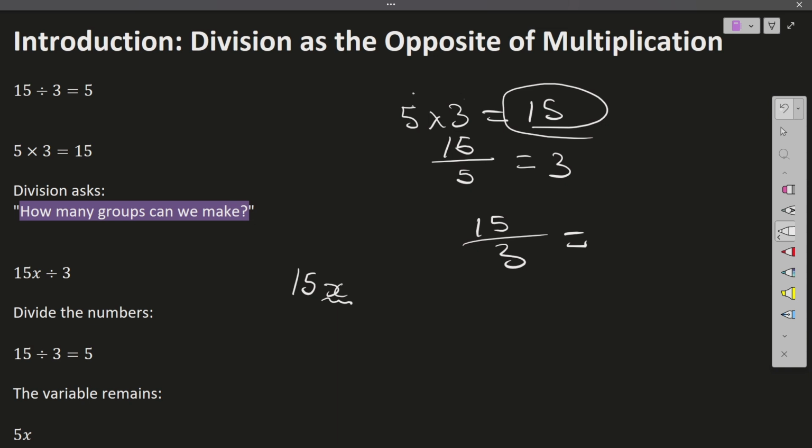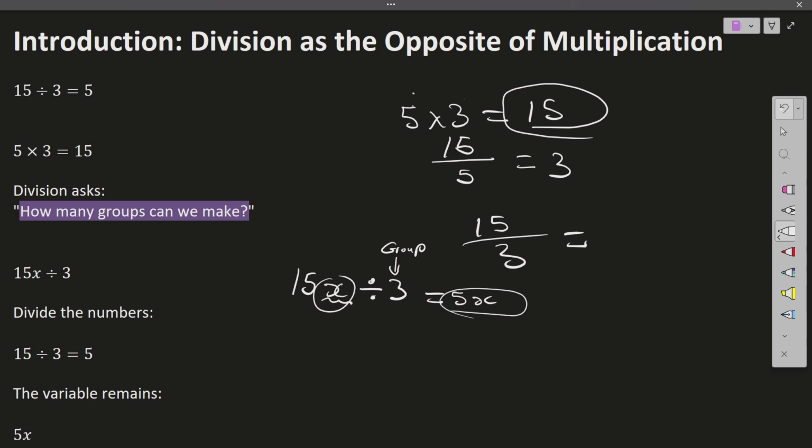Okay, so if we have 15 apples and we divide it for 3 people, let's say the people are a group, it is represented by this string. 15 apples divided by 3 is basically 5 apples per person. That is what this is saying.